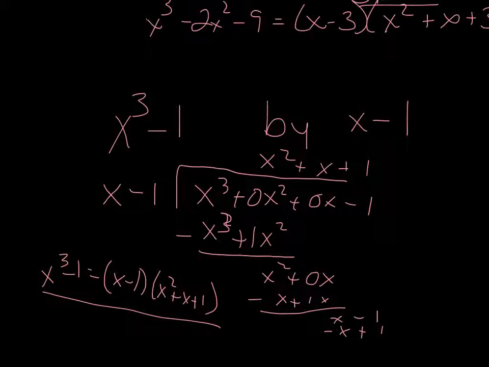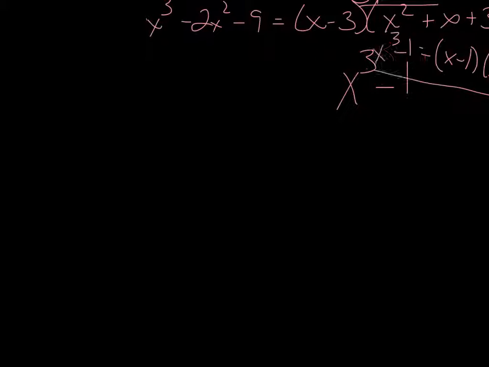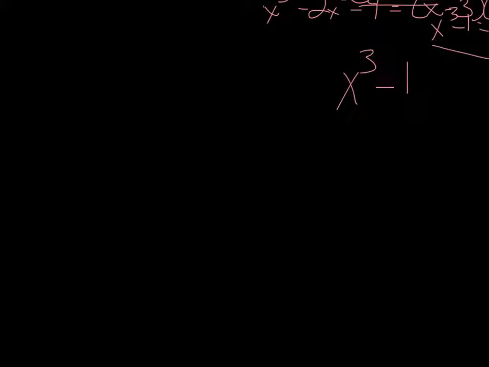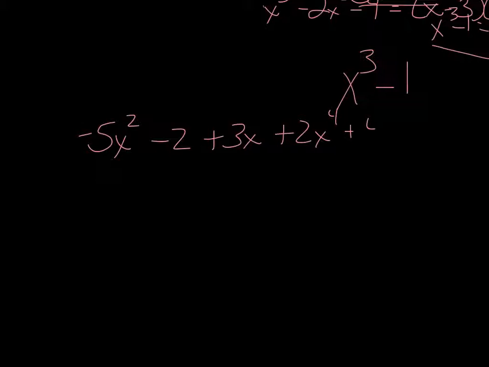Let's look at one where we divide by a trinomial. All right, we've got negative 5x squared minus 2 plus 3x plus 2x to the fourth plus 4x cubed. And I want to divide that by 2x minus 3 plus x squared.